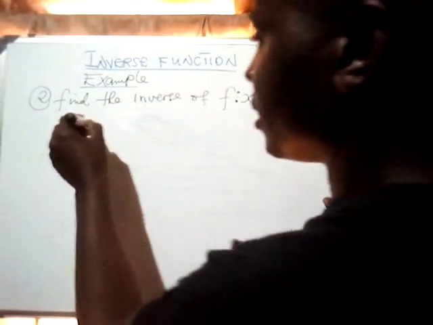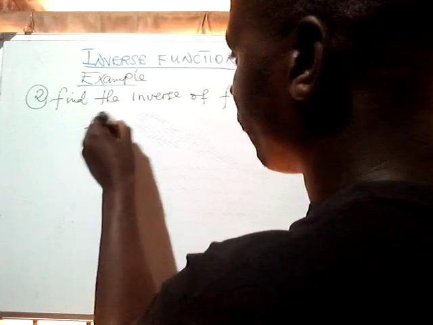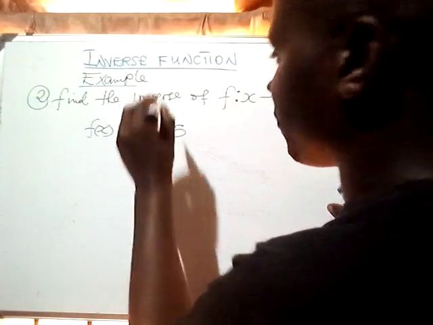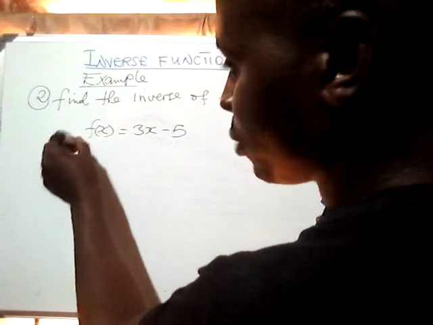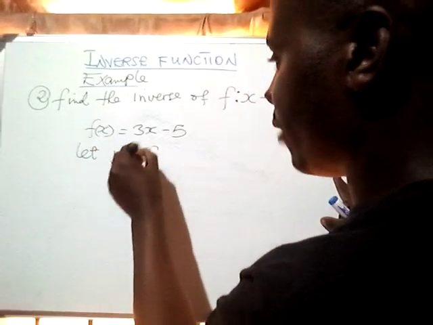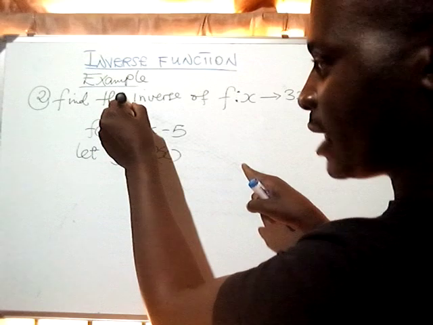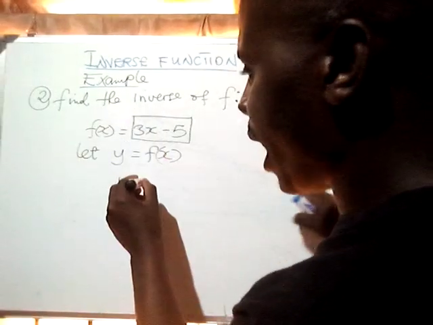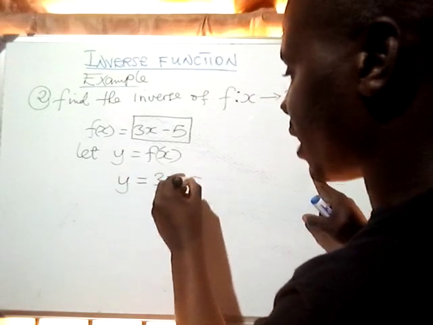We have learned that this is the same as saying f of x is equal to 3x minus 5. What is the meaning here? We are going to say let y is equal to f of x. Now what is f of x? F of x is this information here. So y is equal to 3x minus 5.